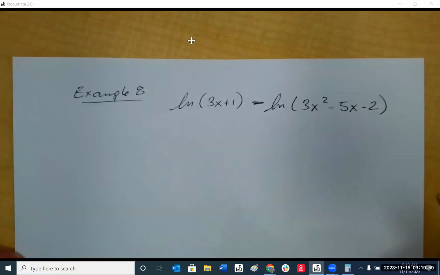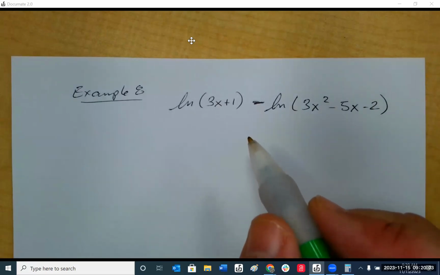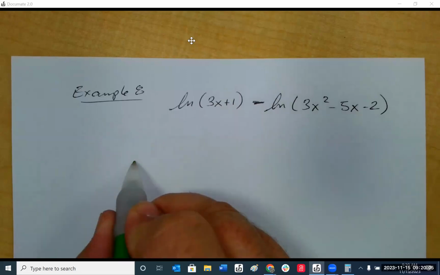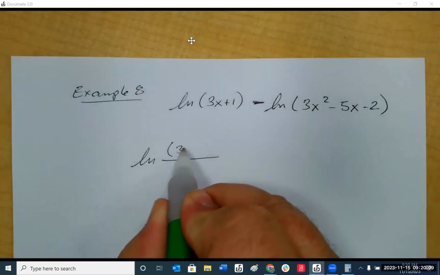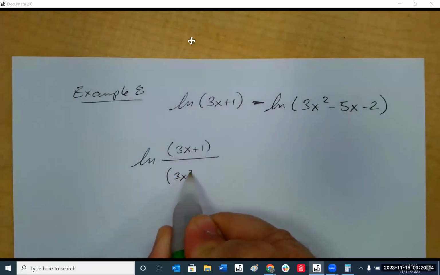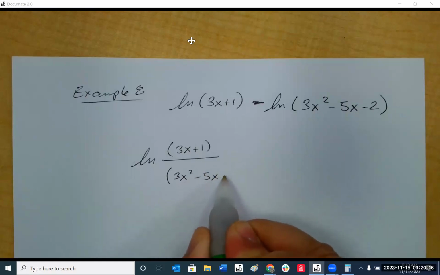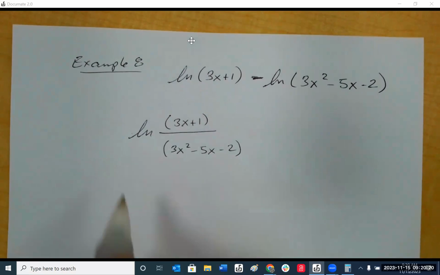It's minus, so what do we do there? The quotient rule. So 3x plus 1 on top, 3x squared minus 5x minus 2 on the bottom. And we are not done.